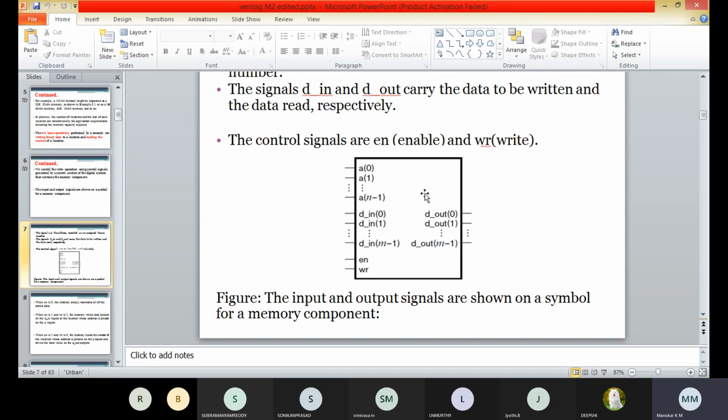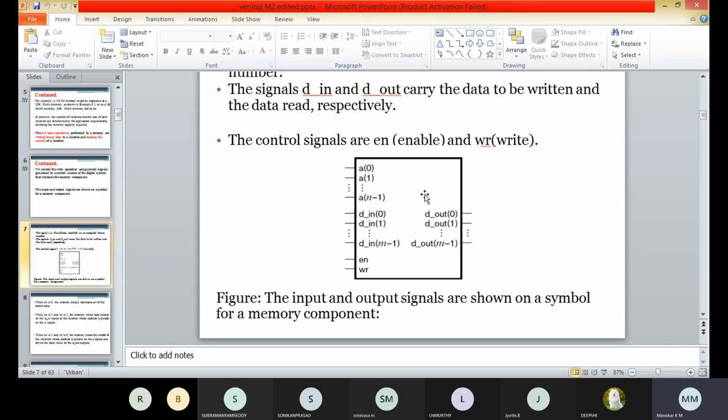Here the two basic memory operations are writing binary data to a location and reading the content of a location.